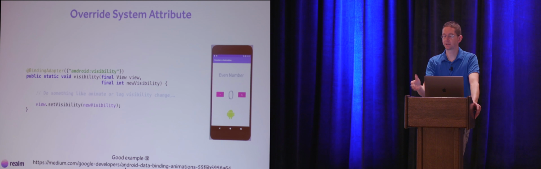George Mount puts out a lot of great examples. If you open my project, you'll see that I also do that, but it's a much more watered down example. Basically, I override the Android visibility attribute so that anywhere you use it in the application, as long as you pass an expression to it, it will animate whatever you're making go invisible. It'll fade out, and when it becomes visible, it'll fade in.